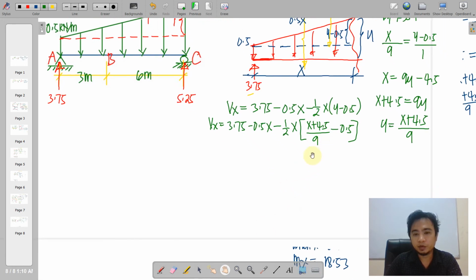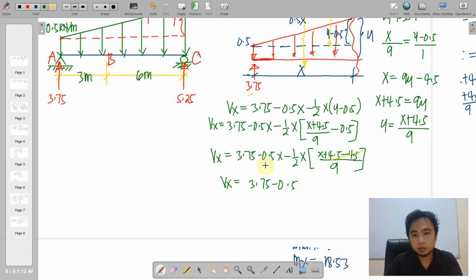So we simplify further. We use 9 as the LCD of this inside quantity here. So 9 divided by 9 is 1 times this first term, so we just copy that one. And then 0.5 all over 1 here. So 9 divided by 1 is 9 times negative 0.5, that is minus 4.5. So we cancel that out.